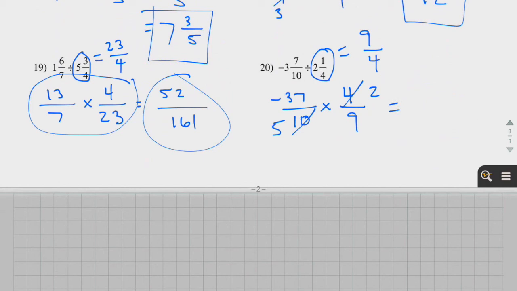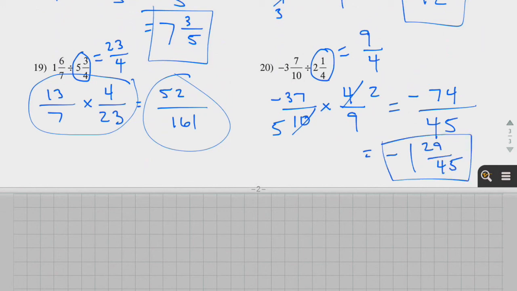Negative 37 times 2 gives us negative 74 over 5 times 9 is 45. 45 goes into 74 one time with 29 left over, 45. And that is it for multiplying and dividing fractions and mixed numbers.